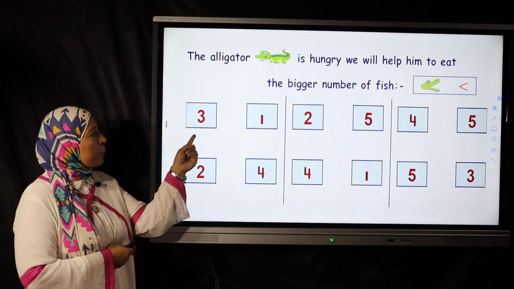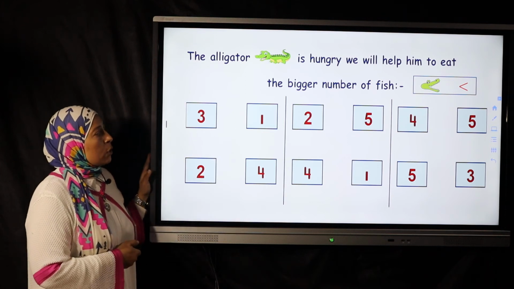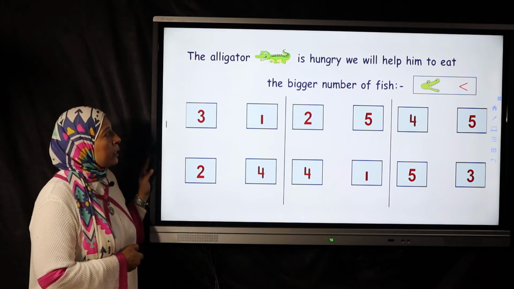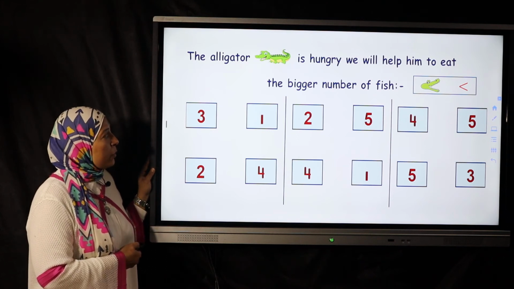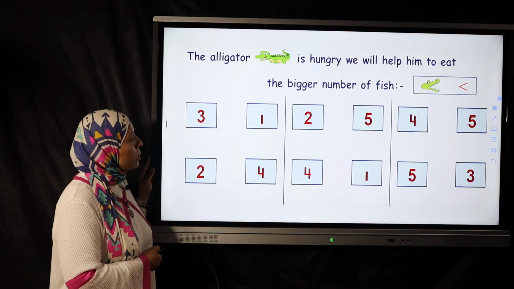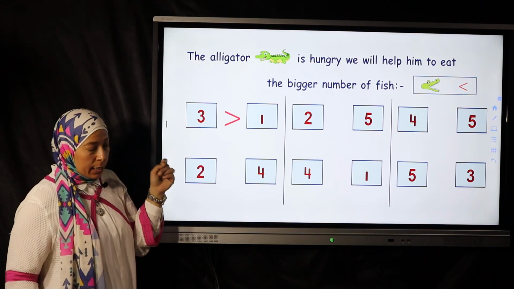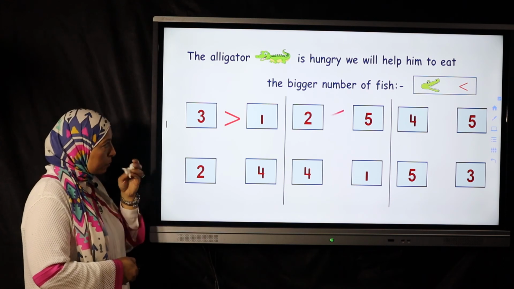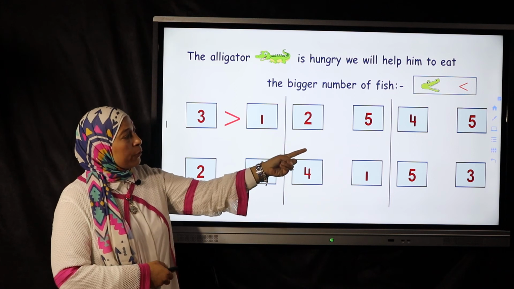The first one we have 3, number 3, and number 1. So he's going to open his mouth to which number? Yes, number 3. Excellent, because he's going to eat 3 fish, the bigger one. Let's do it. Yes. Slash, slash. Okay, let's move to the next one. Okay, here we have number 2 and number 5.